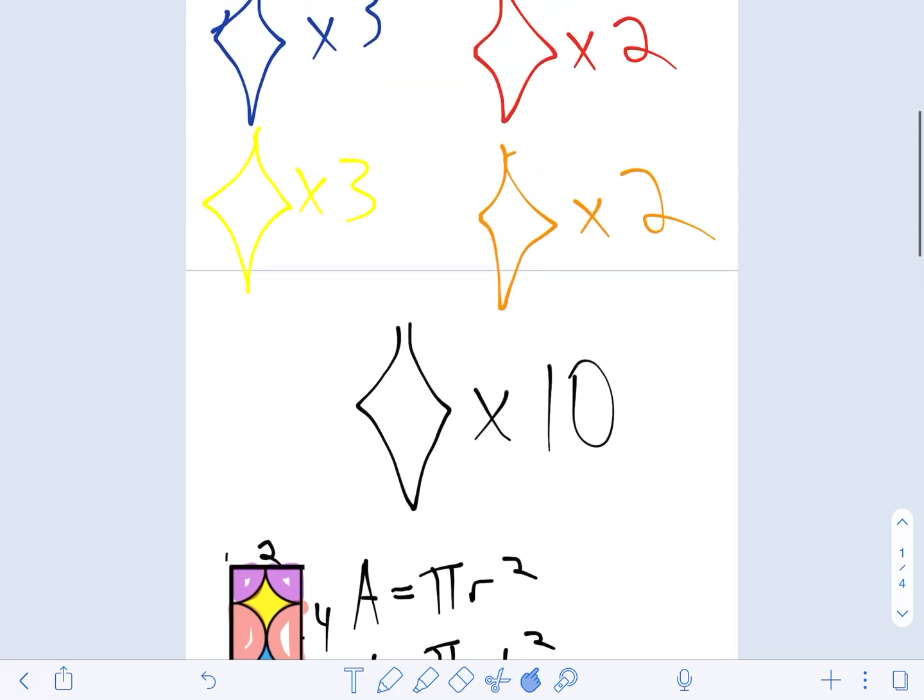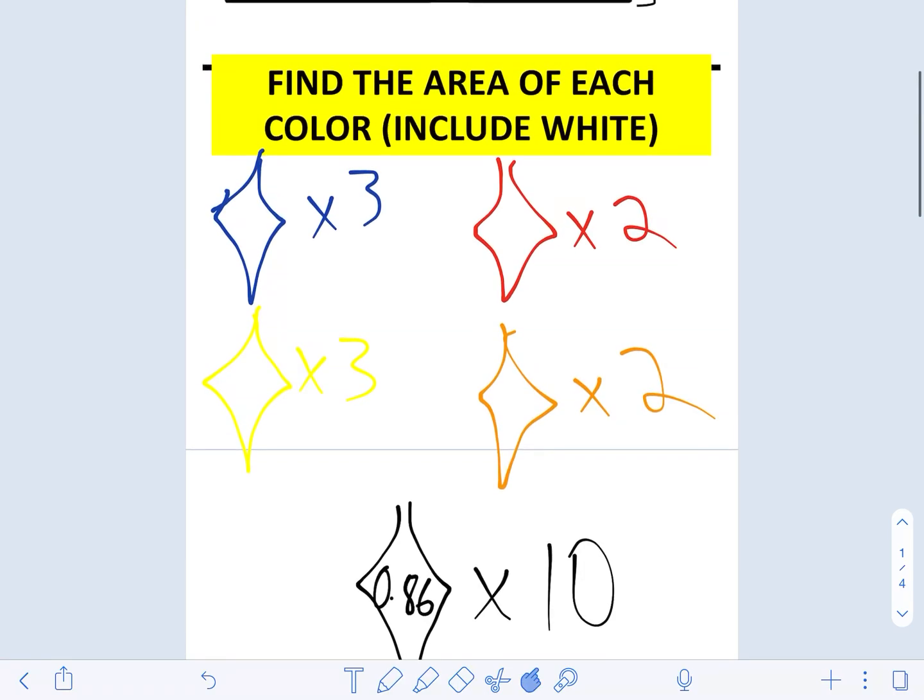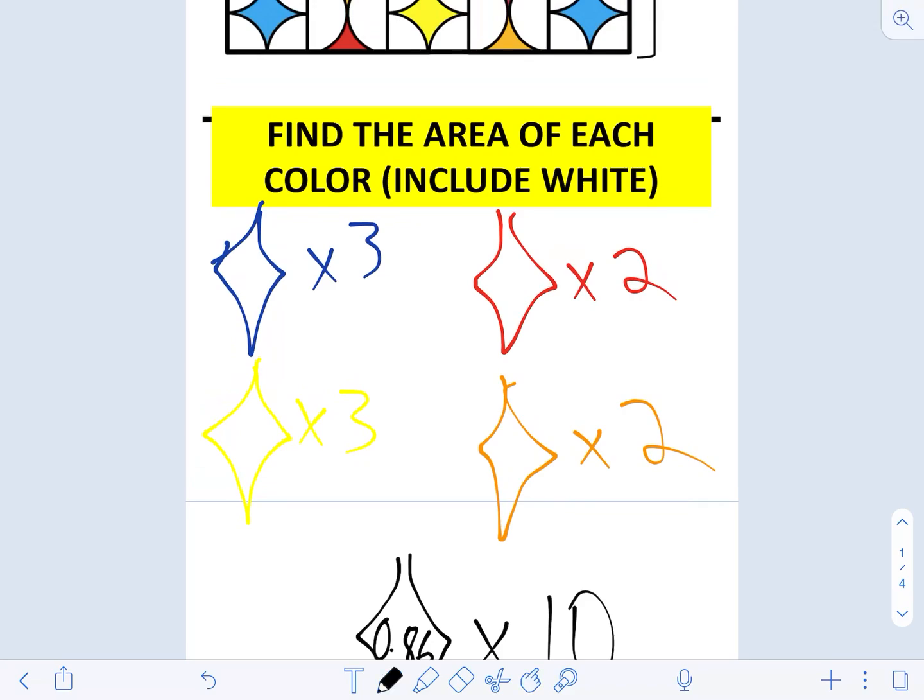If one star is 0.86, then I just have to double it and triple it. 0.86 times 2 is 1.72.